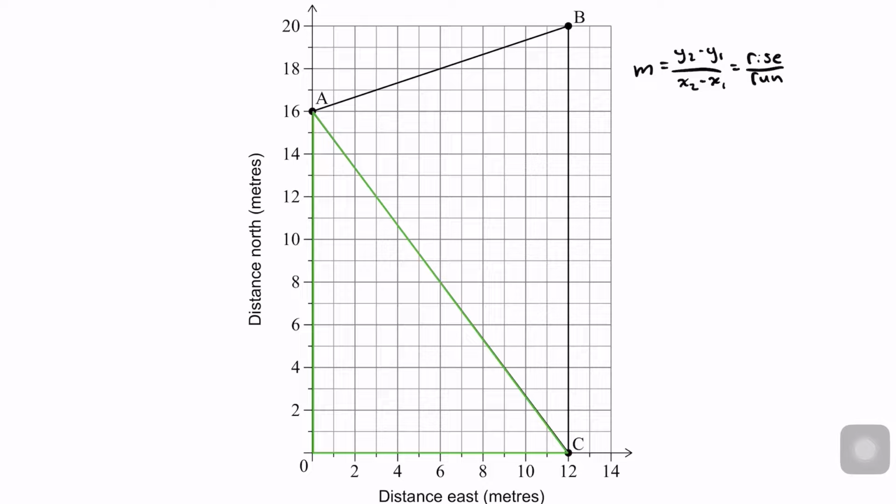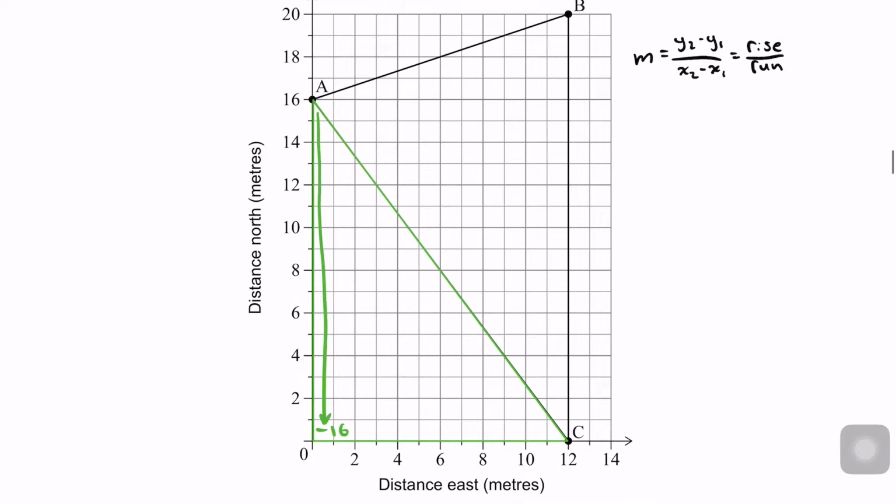In this case, we've gone down 16, so we've gone down negative 16 for a run of 12. And if we wanted to, we could write this as negative 16 over 12, which would simplify to negative 4 over 3.